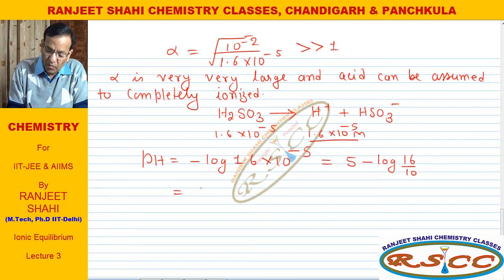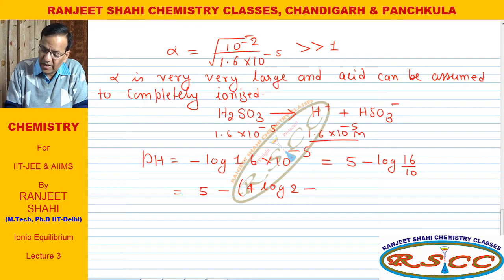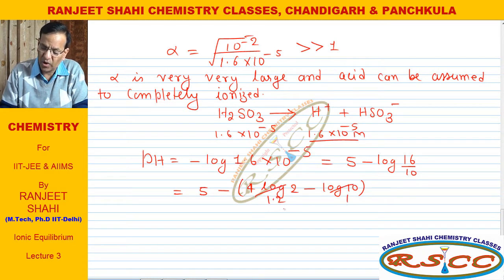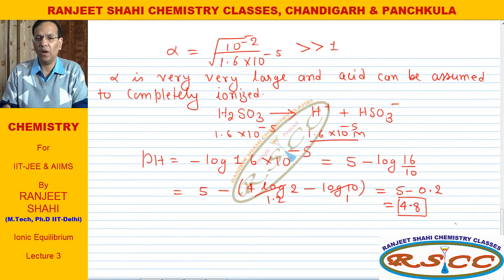So it will be 5 minus log 16, which is 4 log 2, minus log 10. Log 10 is 1, log 2 is 0.3, so 0.3 into 4 is 1.2. So 1.2 minus 1 is 0.2, so it is 5 minus 0.2, so 4.8. So this is the pH of rainwater.